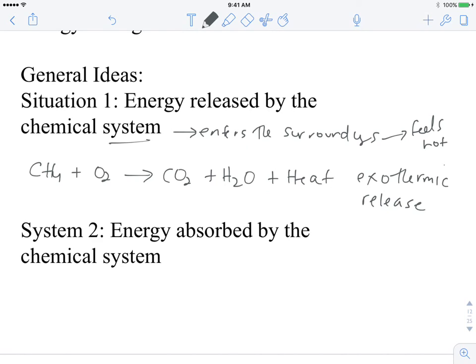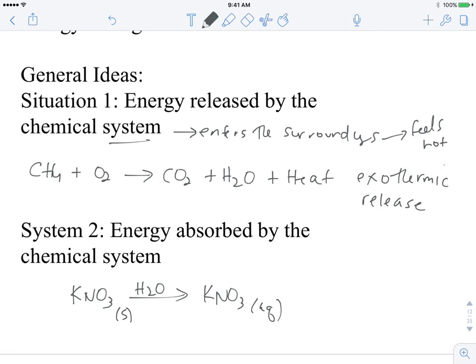Then you have situation 2, where energy is absorbed by the system. There are a few reactions that do this. You can dissolve some substances and they'll feel cold. For example, if I take some KNO3, a salt, and put it into water, it goes from solid to aqueous.